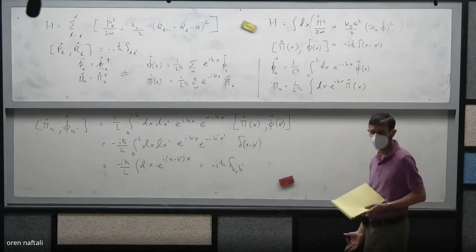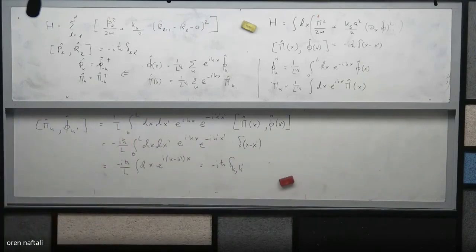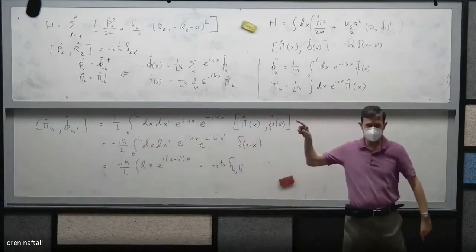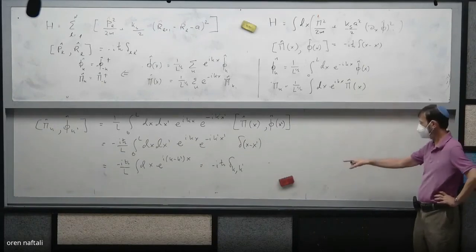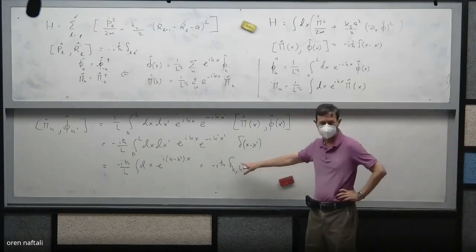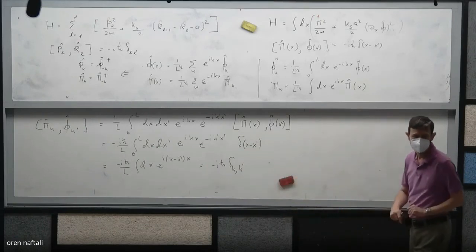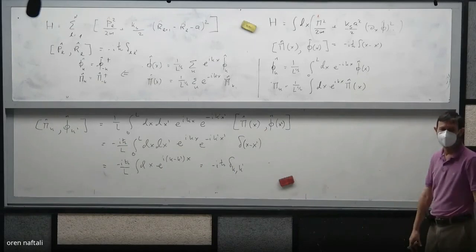The commutator is different than zero only if k is equal to k prime. And to your question, why did I define it as once plus and once minus? To avoid here having k and minus k prime. Doesn't really matter, but why is it not a derivative?